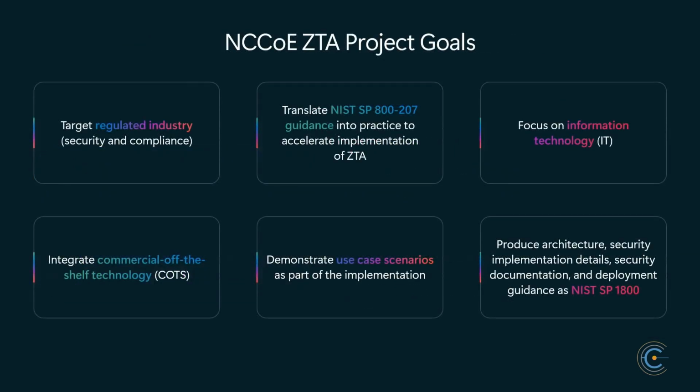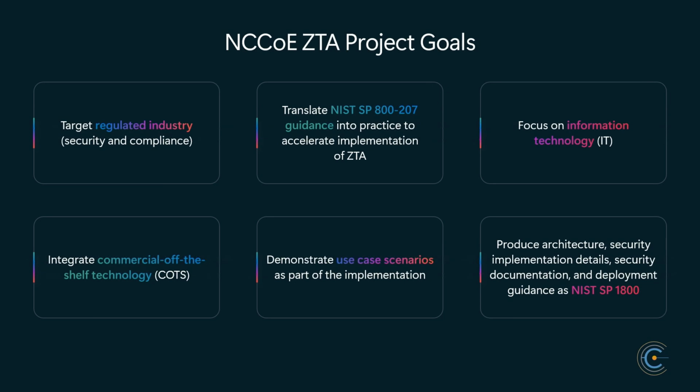So for the objective of our project, we try to set some scope around it. We focus mainly on regulated industries that have a lot of security and compliance requirements, regulation, and so on as well. We take that foundational document that we produced and try to put it into action, trying to provide example implementations, working with our industry collaborators.